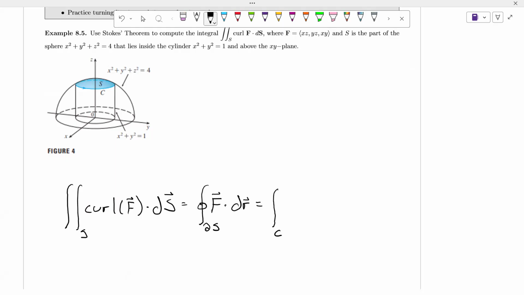This thing is just the integral along the curve C of f of r of t times r prime of t dt.